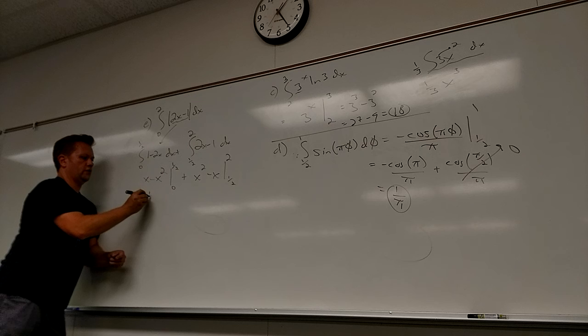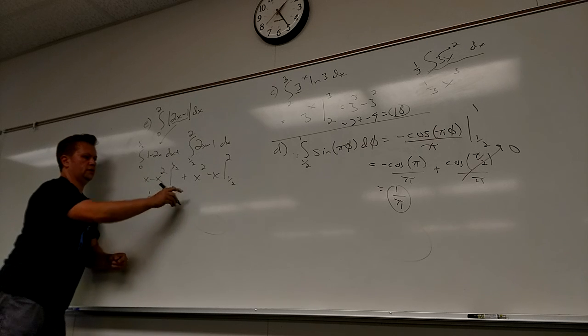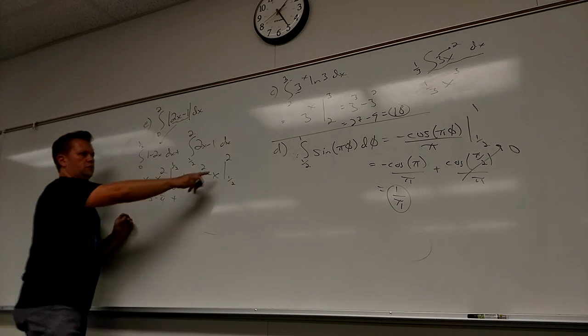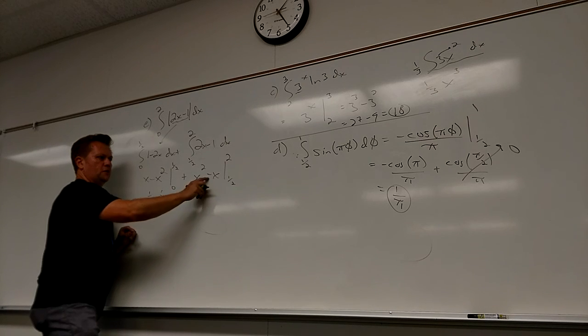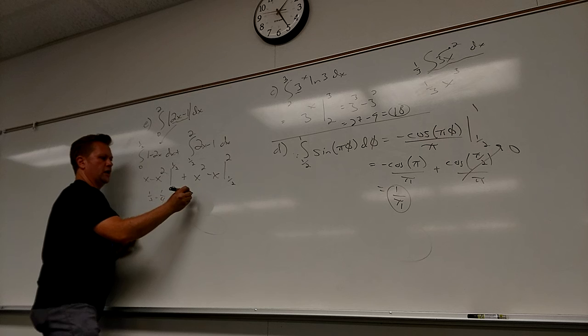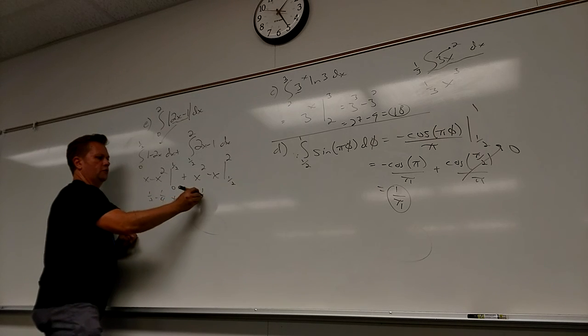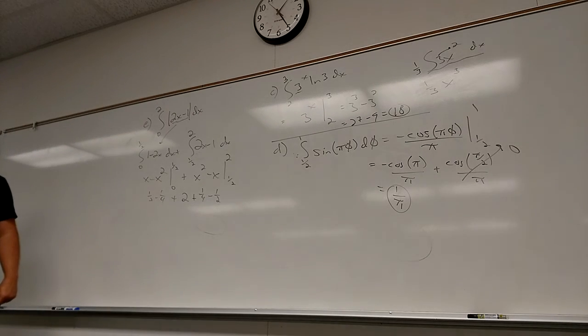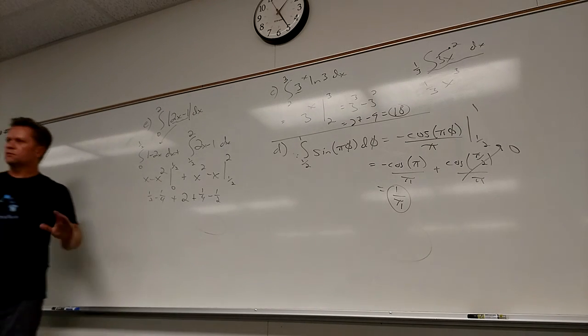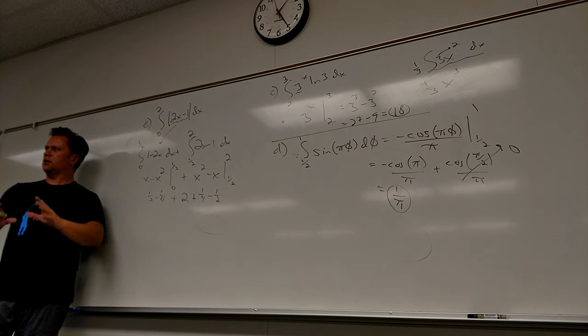So 1/2 minus 1/4 plus, when you plug a 2 in, you get 4 minus 2, 2. And when you plug a 1/2 in, you get 1/4 minus 1/2. Now here's a really good reason why you don't mess with the ugly parts.